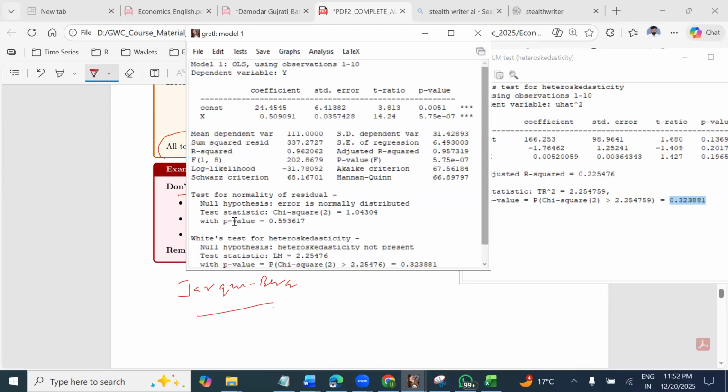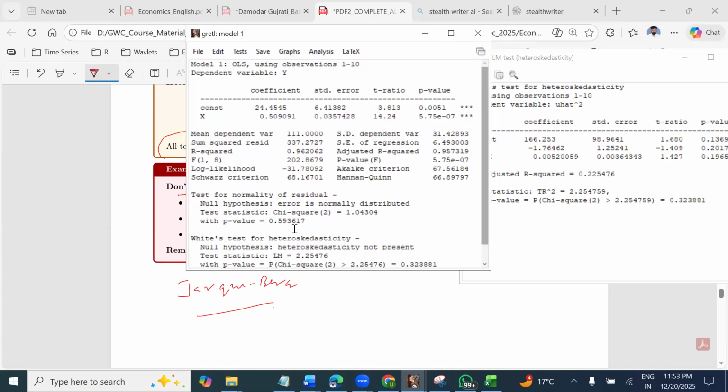Simple logic is you have to look at the p-value and the null hypothesis. If the p-value is greater than 0.05 or 0.10, and 0.59 is much bigger than 0.10, what should be our conclusion? We failed to reject the null hypothesis which says error is normally distributed.